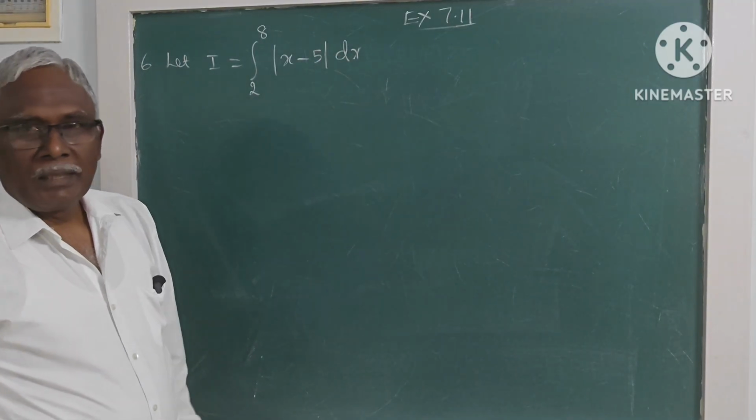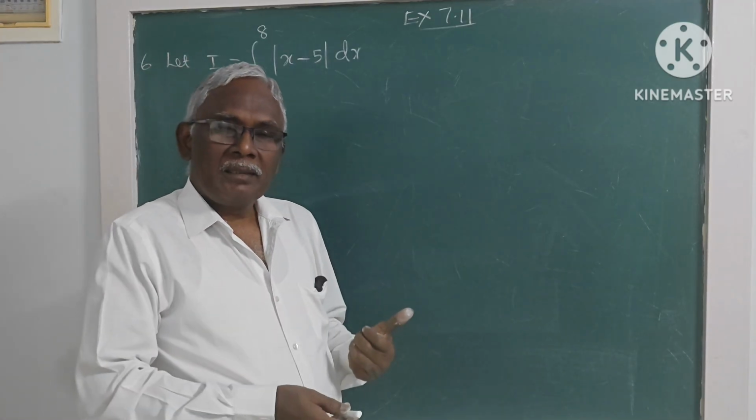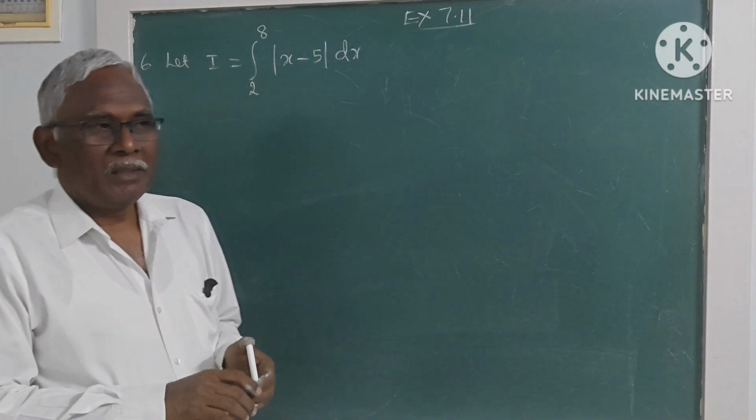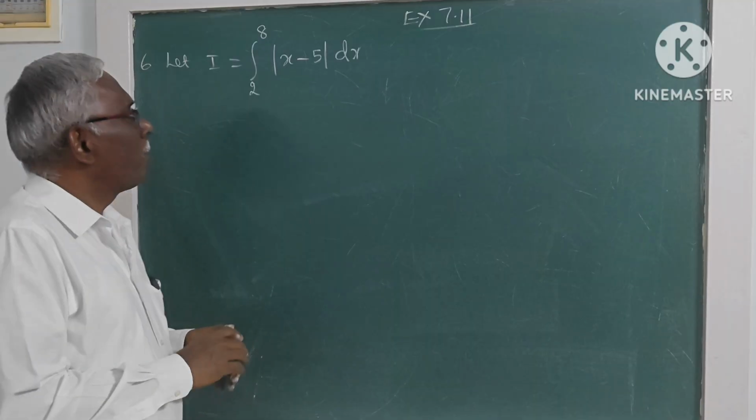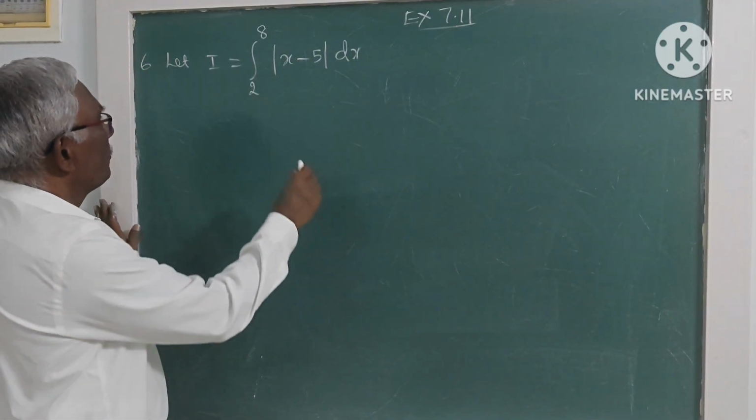Now you may know how to proceed. We have to proceed the same way as we did earlier. What do we have to do now? We have to equate x minus 5 to 0.